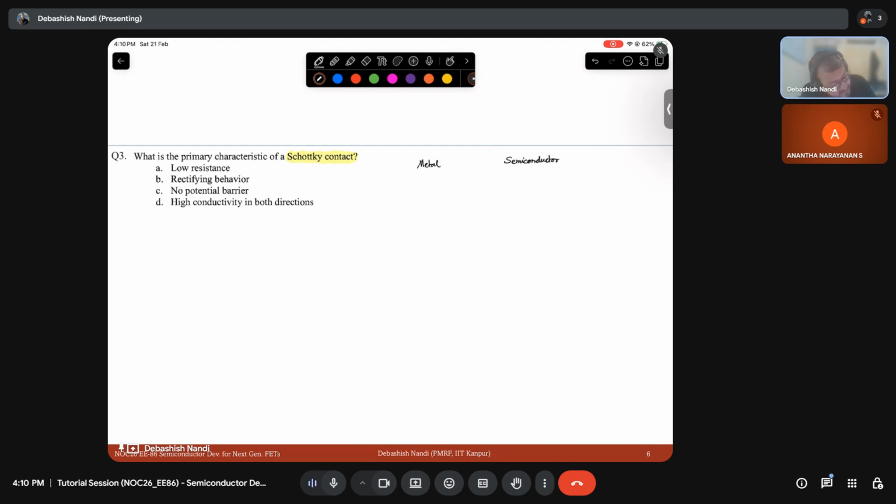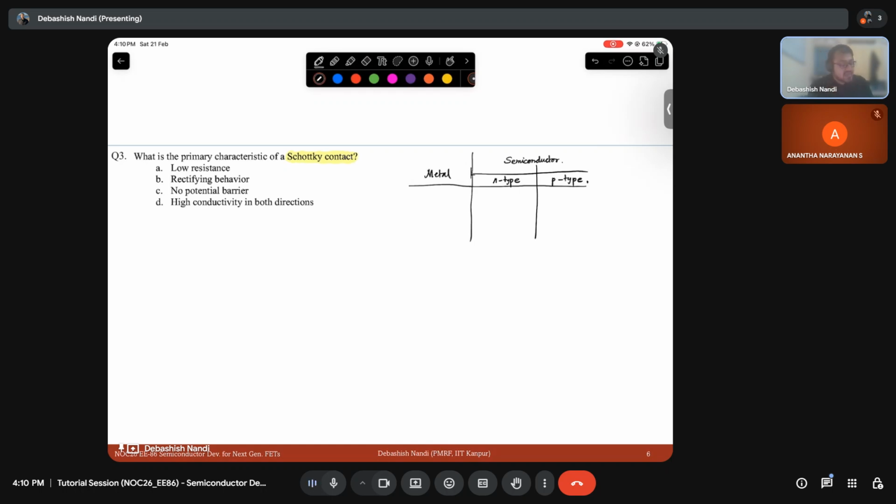The issue is that there are multiple misconceptions around this subject. Let's say the semiconductor is of N type and also of P type. Let's say this is your metal.